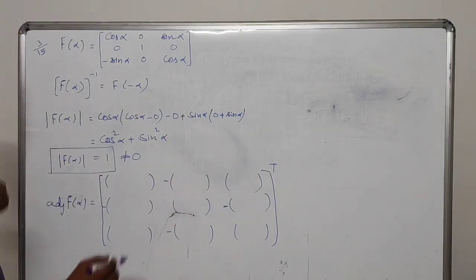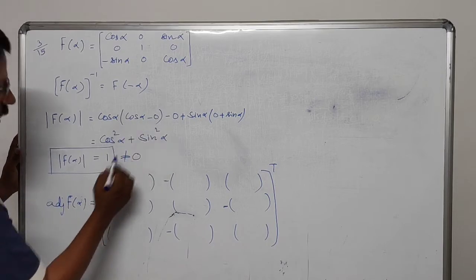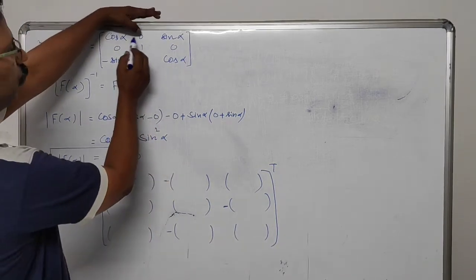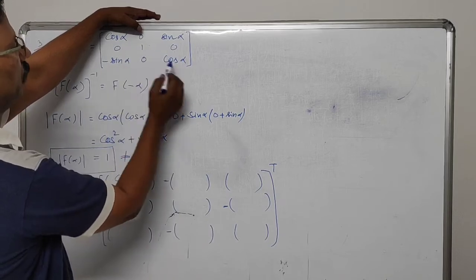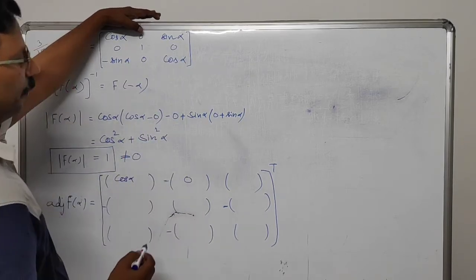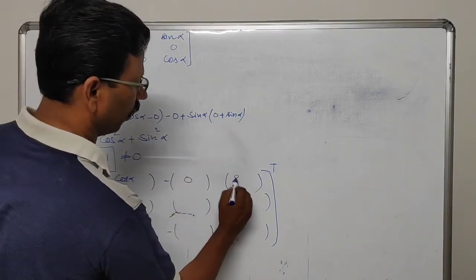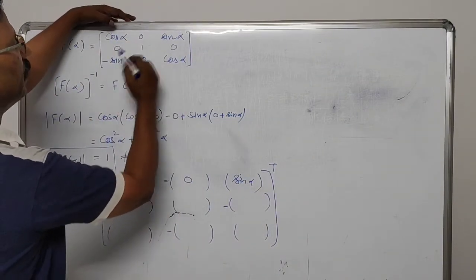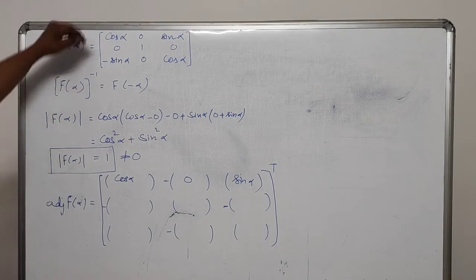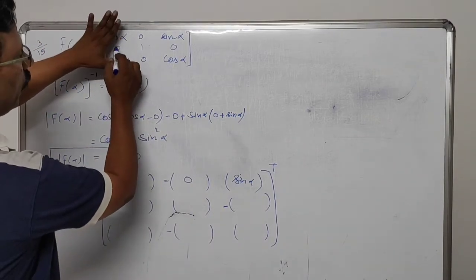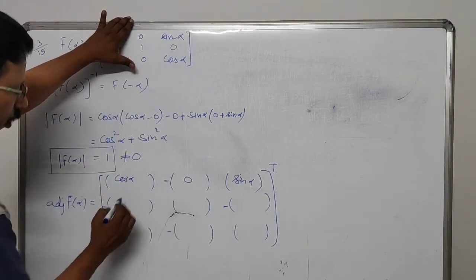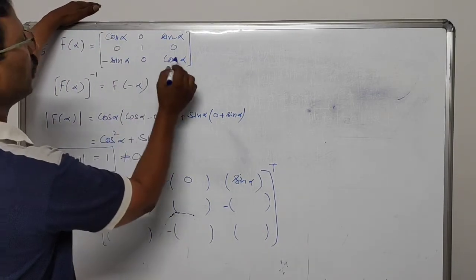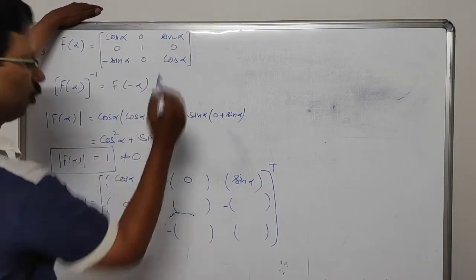Okay, now here, first one, you can take this one. This you can get cos alpha. Then the second one is, leave this row and this column, you get 0 minus 0 gives 0 only. Then for this one, you can write sin alpha. That is, leave this row, this column, 0 minus of minus sin alpha, plus sin alpha. Now for this one 0, you have to leave this row and this column, 0 minus 0 gives 0 only. Next, for this element, leave this row and this column, cos square alpha minus of minus, plus sin square alpha.